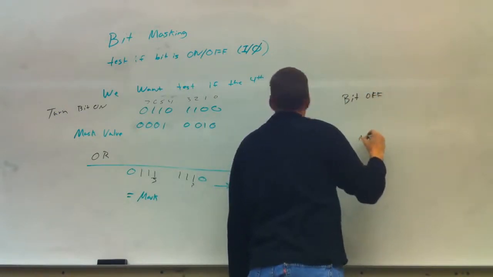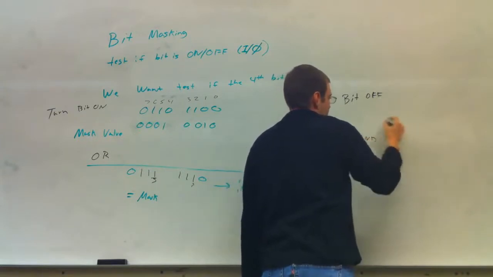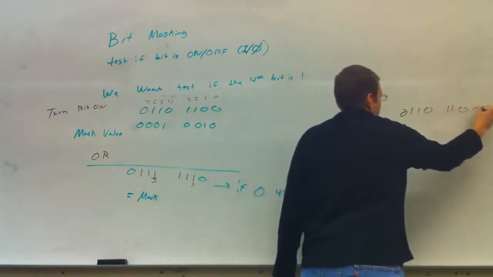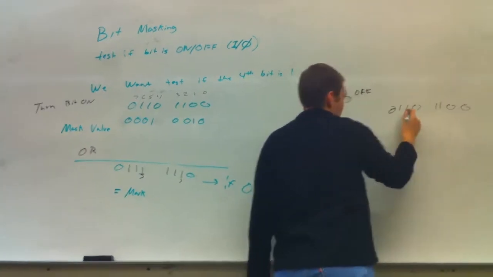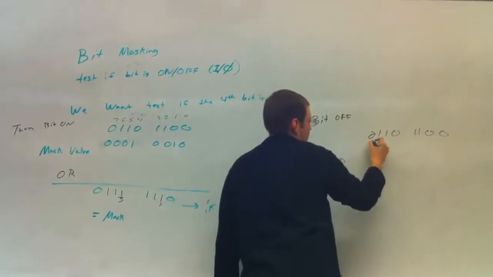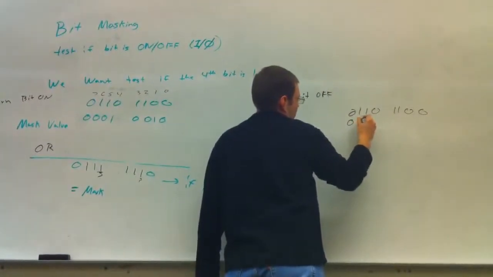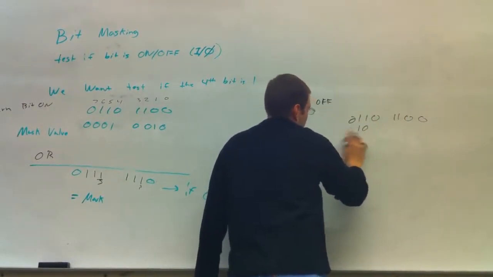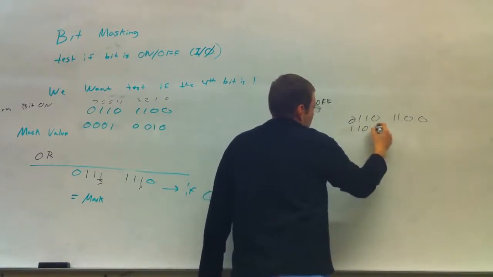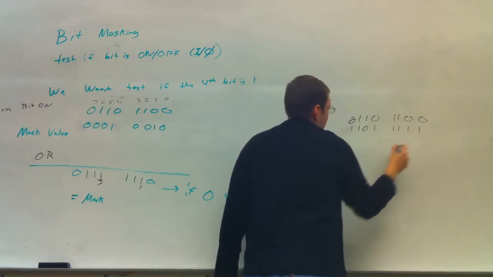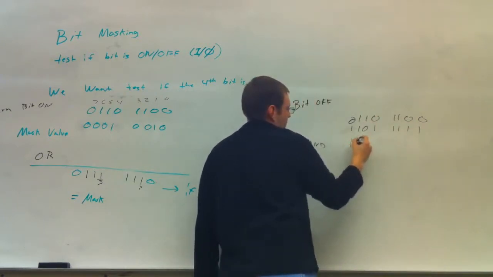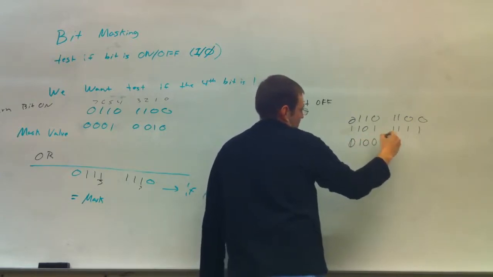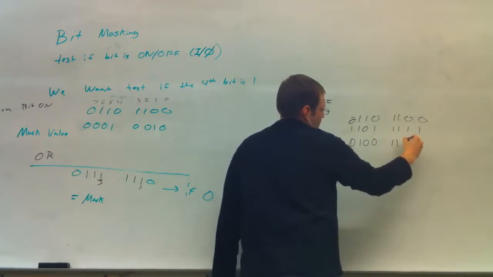We AND it. And we want to turn off, let's say I just want to turn off the bit here. So if I just use 0, 1, 0, and I want to turn that bit off, you see at 1, I get 0, 1, 0, 0, 1, 1, 0, 0.